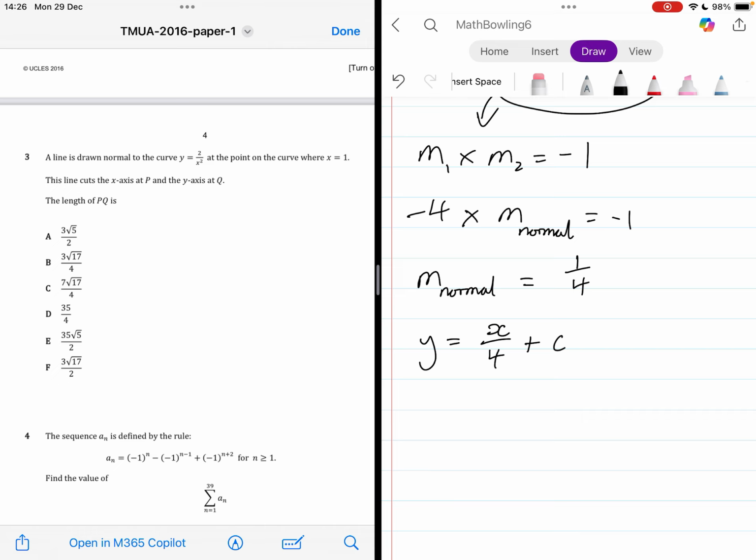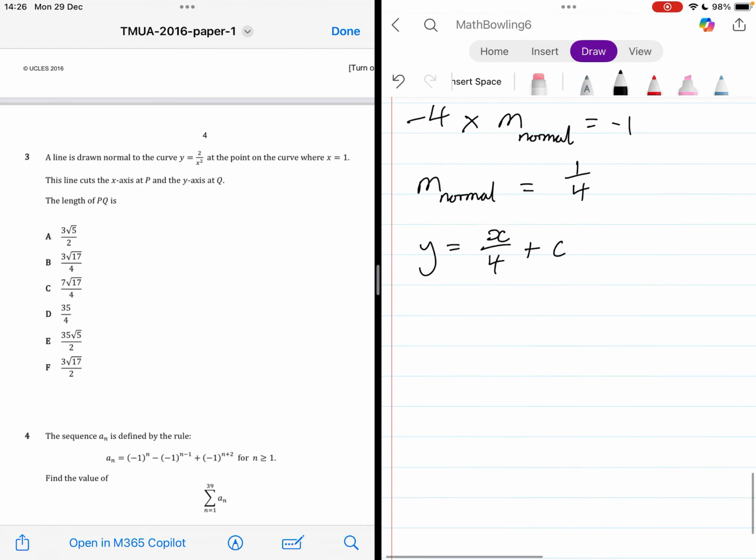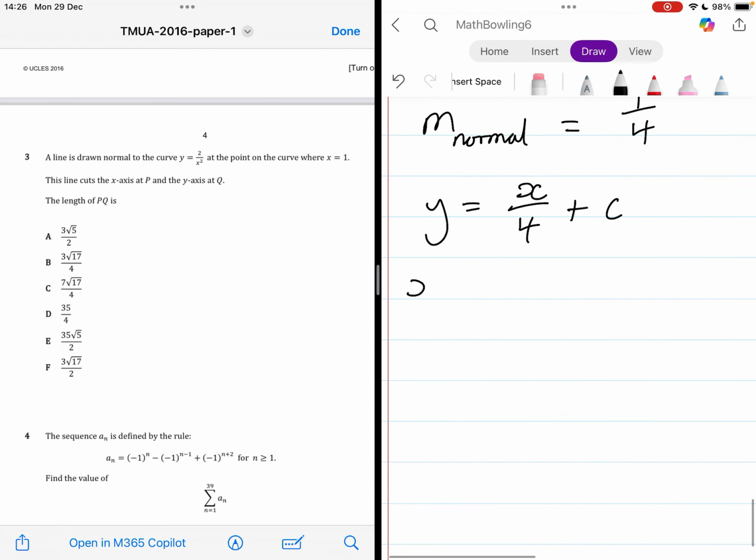Now we know the point on this line because we know it's normal at the point 1, 2. So we can sub in x equals 1 and y equals 2. I'm going to convert this 2 into 8 over 4, so we've got common denominators. 8 over 4 equals 1 over 4 plus c.